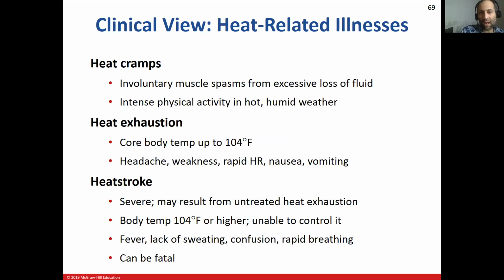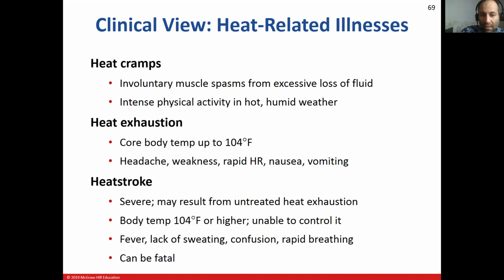On the other hand, heat cramps, that happens when you lose excessive amounts of fluid, you are dehydrated in hot, humid weather. If you're exercising in hot conditions, that can give you heat cramps because you lose electrolytes and water. It can even progress to heat exhaustion, where your core body temperature is up to 104 degrees Fahrenheit. That's quite hot. And so then you have nausea, vomiting, weakness, headaches, those kinds of things. All right.